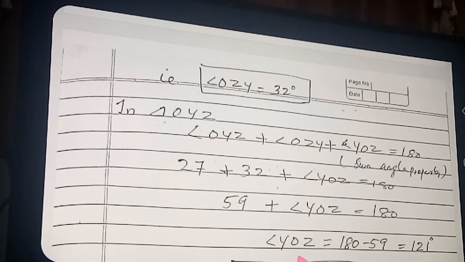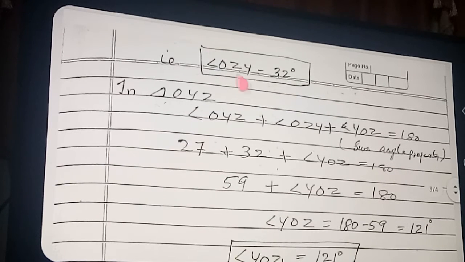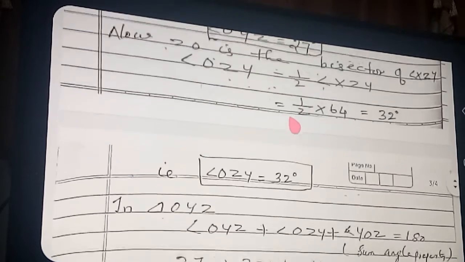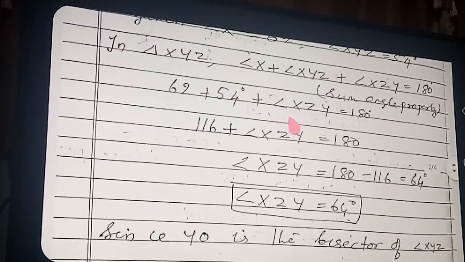So YOZ is equal to 180 minus 59. How much is that? 121. So you got the two angles asked in your question: find angle OZY and find angle YOZ. OZY you got as 32 and YOZ is 121 degrees.